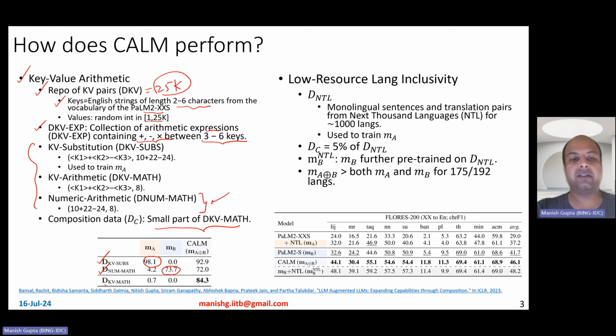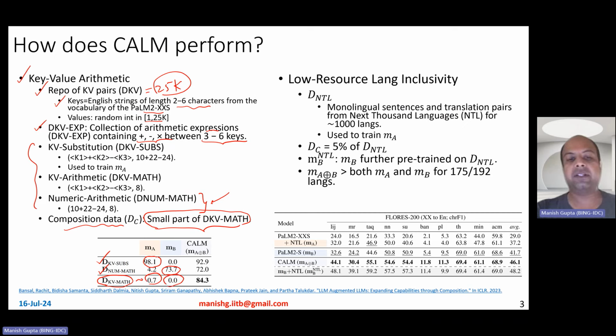Now, if you take the KV math dataset, remember the composition data was very small. So while composing, you didn't see all the key value pairs and their arithmetic expressions. In fact, you take the DKV part, which has already been used, and the evaluation is done on the remaining part, the expressions which are not part of the composition training. And what you observe is that MA and MB are both bad.